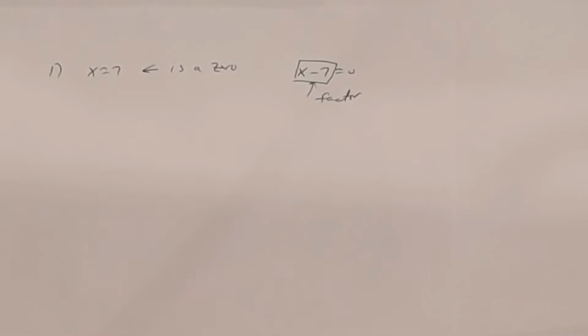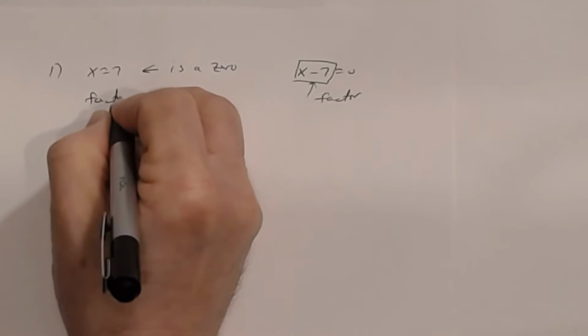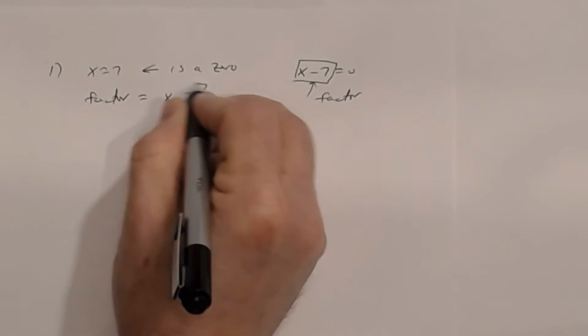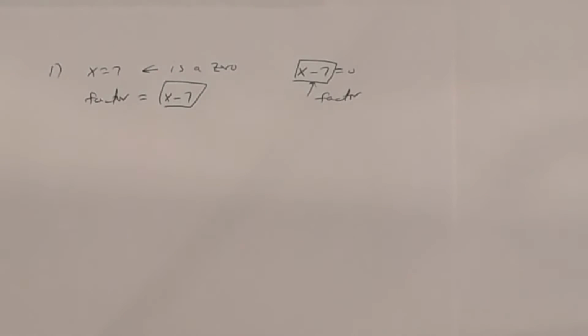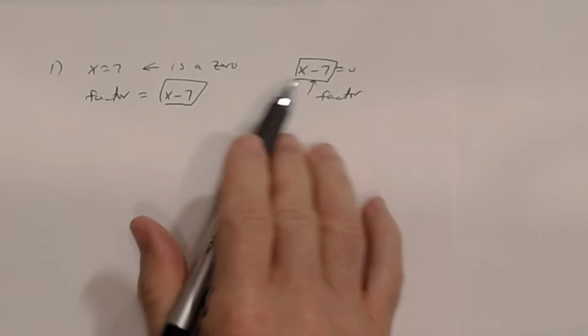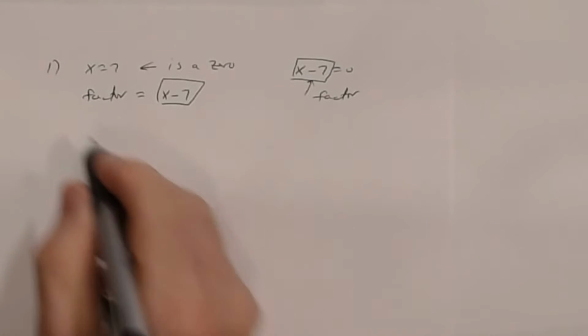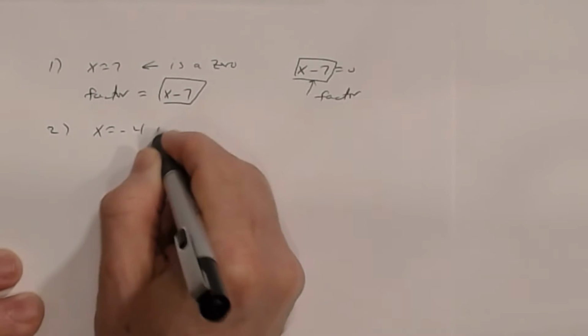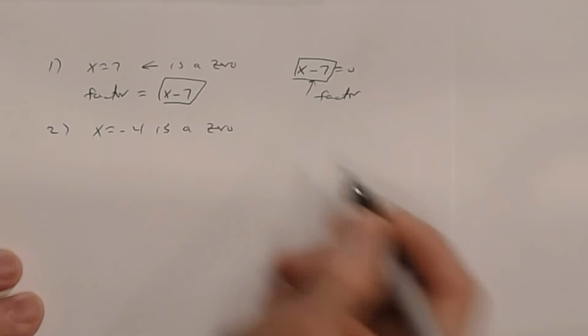So if x equals 7 is a zero, then a factor must be x minus 7. All right, there's your answer for that one, because that's how we get that zero, by setting x minus 7 equal to 0, and we get x to be 7. Number two, this time you're told that x equals negative 4 is a zero. Same idea.